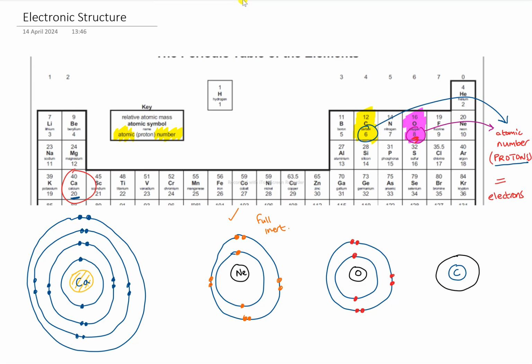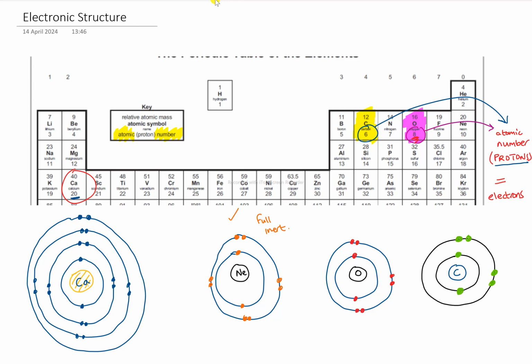So just change color. 1 and 2. I now need 6 take away 2 is 4, so I need 4 more electrons. So I draw another shell and I add 4, so I can add them in pairs. I'll add them in pairs, I think. You can put them anywhere, it's not a problem, as long as it's clear that you've done 4. So now I've just drawn carbon.